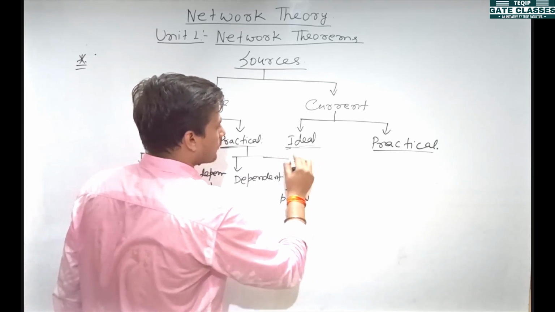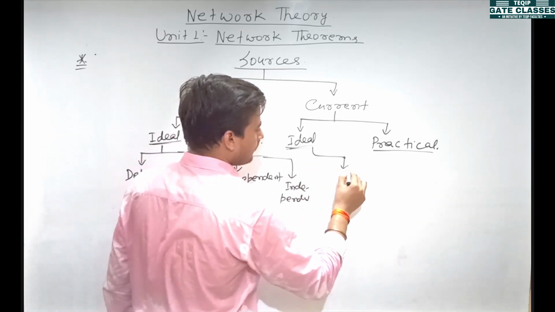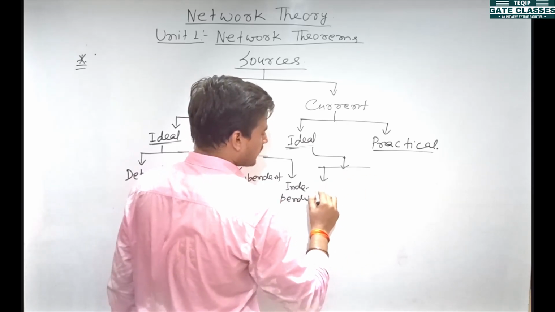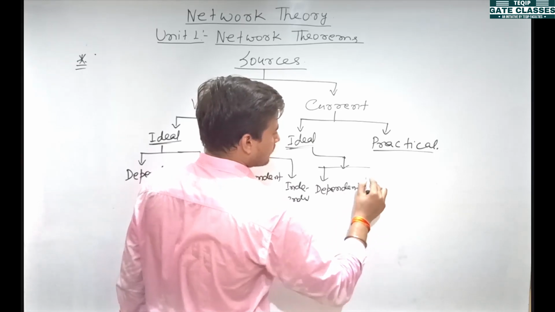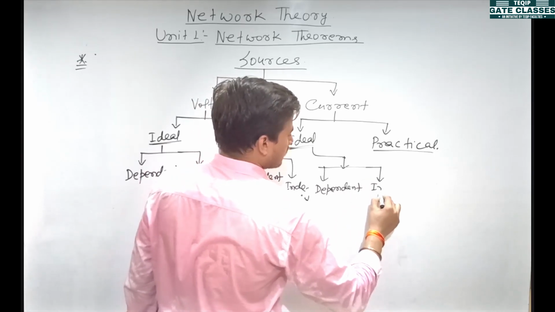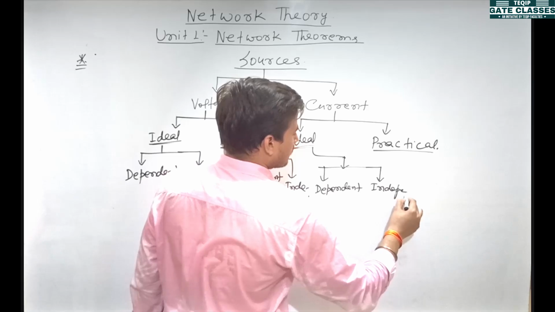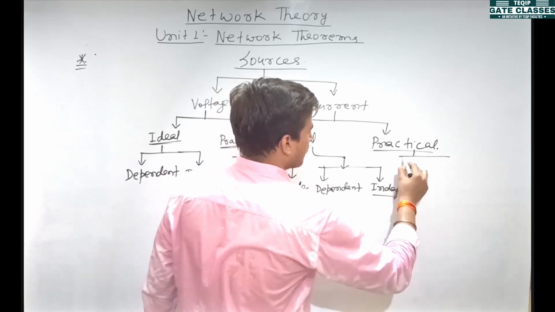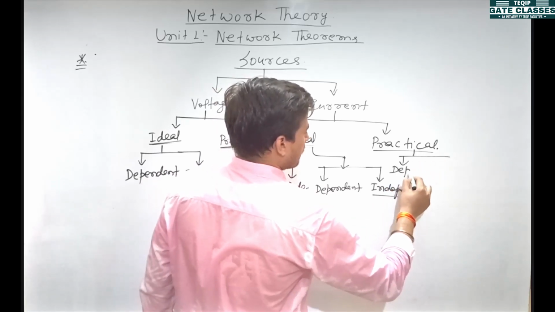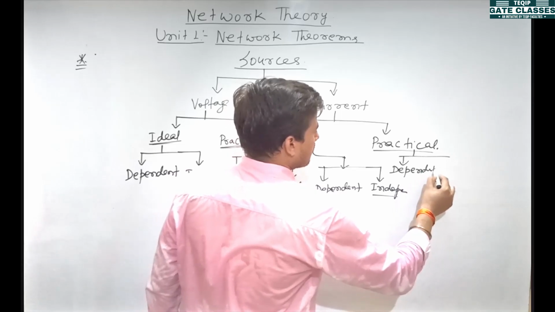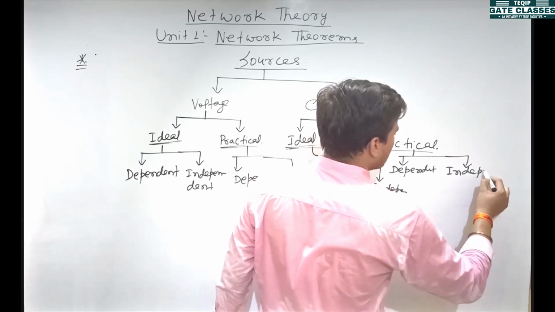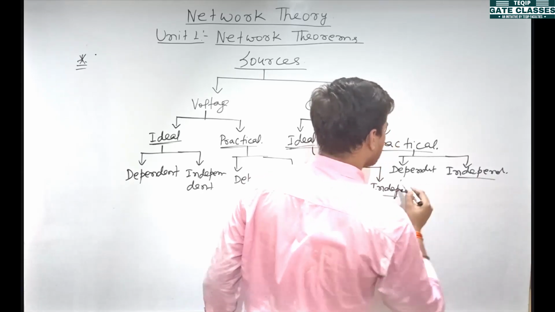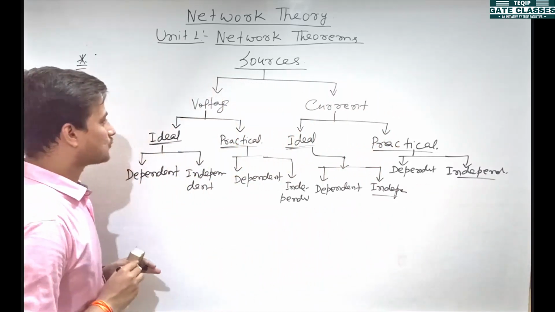Similarly for ideal there will be two types of ideal source, dependent, another one is independent. So there are different types of sources.